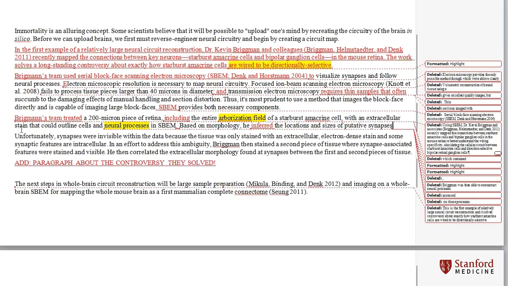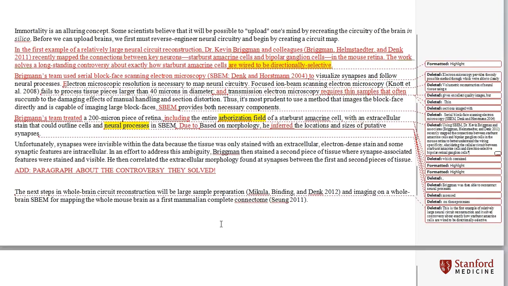In the next sentence, in the next paragraph here, it's talking about why he has to infer. That is, why he can't directly see the synapses. Basically the synapses have intracellular features and the stain is an extracellular stain. So I thought this whole concept is directly related to the sentence about inferring where the synapses are. So I thought we could tie this all together. I want to put the idea in first, so the need to infer comes first.